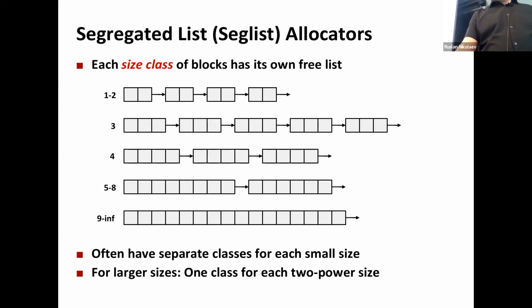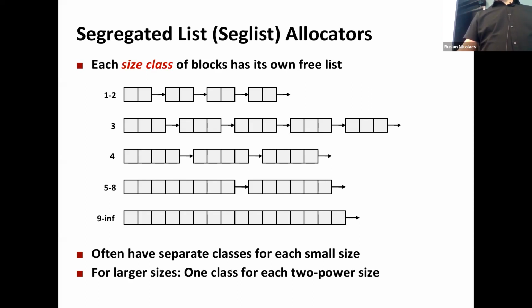One strategy, because you can have too many lists, right? And how do you decide which classes you have to use? One strategy you can use for your project is to use power of 2 buckets. So you can have, let's say, 8 bytes, 16 bytes, 32 bytes, 64 bytes.